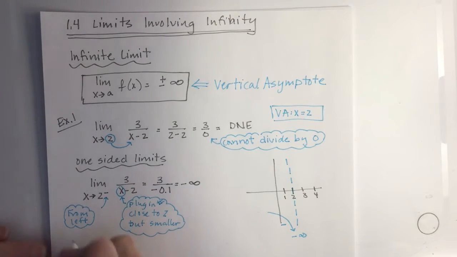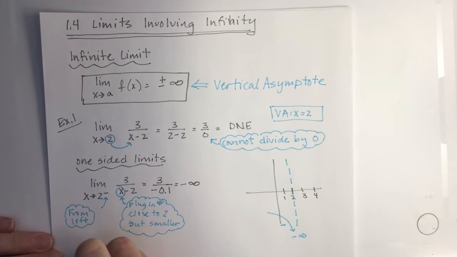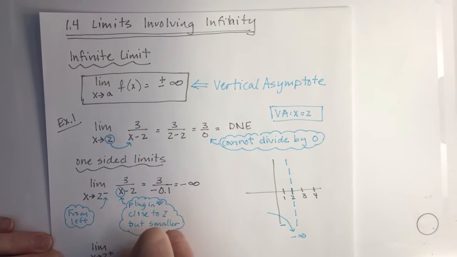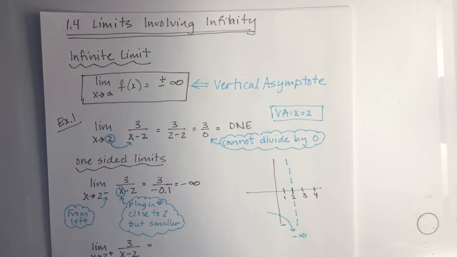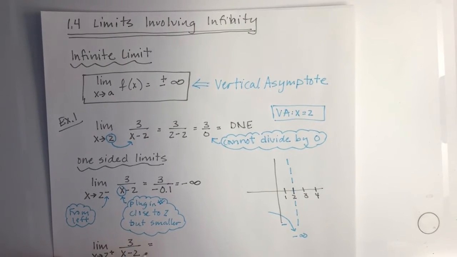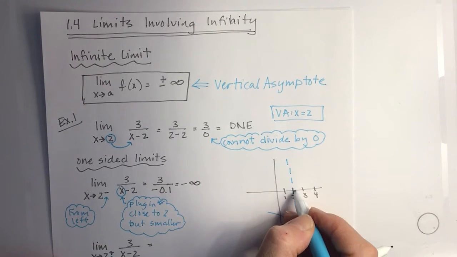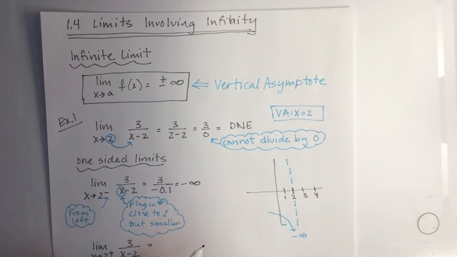And then we're going to check it from the right, right? So now the limit as x approaches 2 from the right of 3 over x minus 2. Now we're plugging in a number from right here, right? So now we're plugging in a number really, really close to 2, but not quite 2, but slightly bigger.